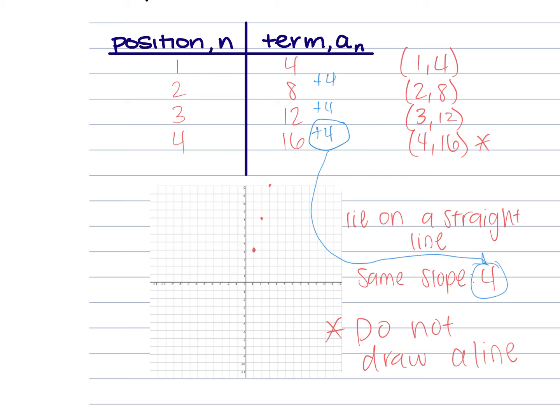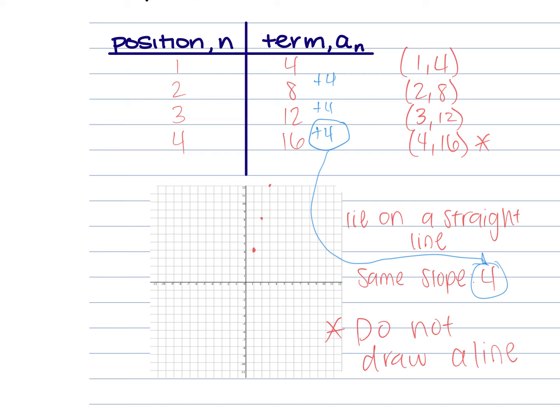That is the connection I would like you guys to make. Okay? Whatever your common difference is, it will always match whatever your slope is on the graph. Now, I may not ask you to apply that, but it's a great tool for you guys to check when you're done with the problem. To be like, okay, I should get this right if my slope and my common difference match up. Otherwise, I didn't do it right.